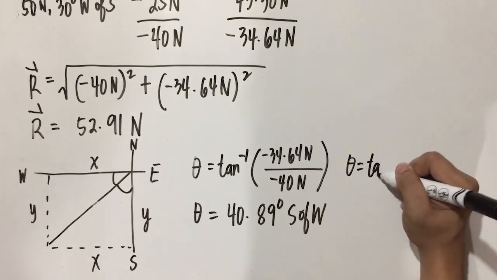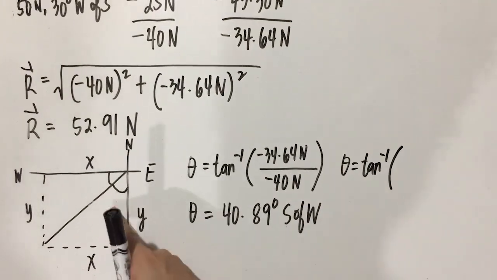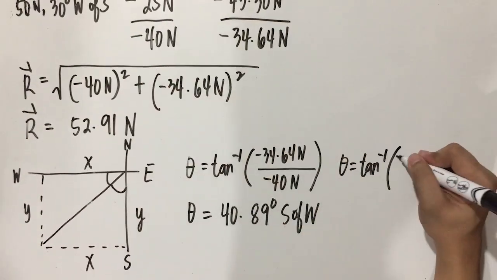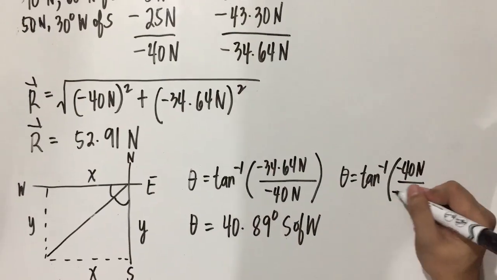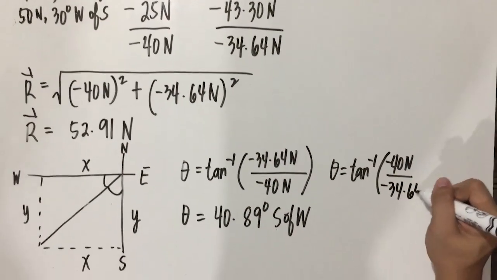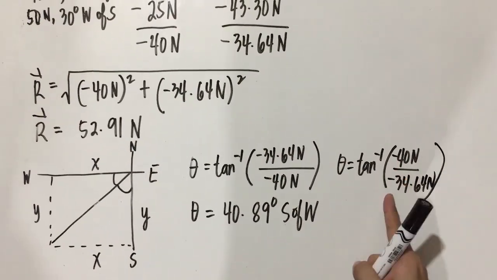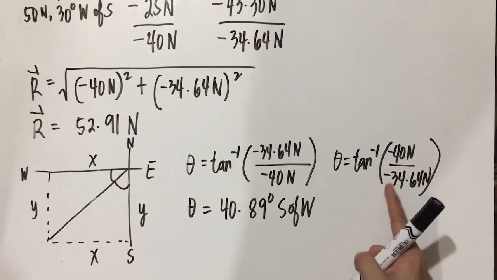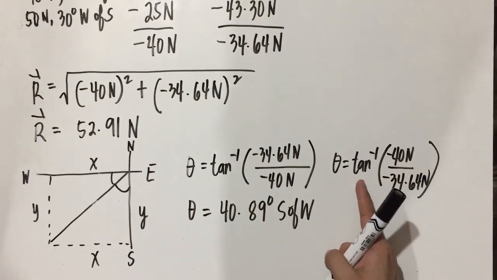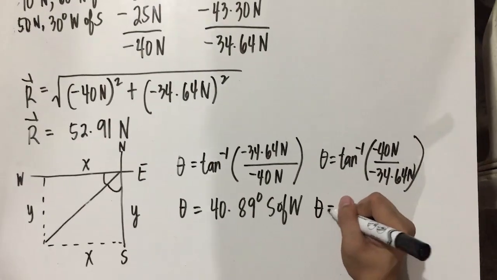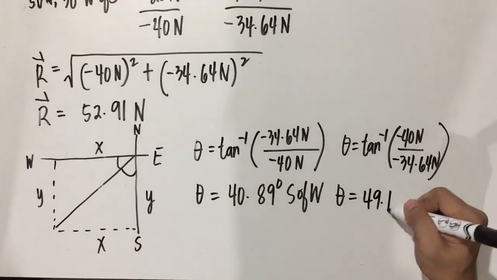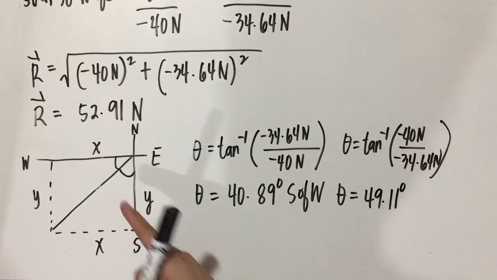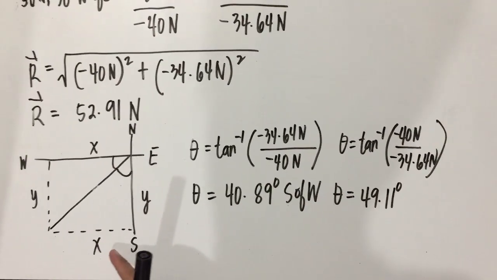So angle theta is arctan of the quotient of negative 40 newtons over negative 34.64 newtons. We have to do that in order to picture the sides of that quadrant in terms of the value of the angle and the direction. When you do that, you have the value 49.11 degrees. So that is west of south.